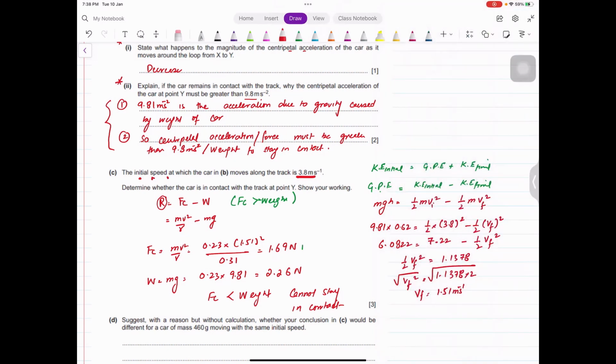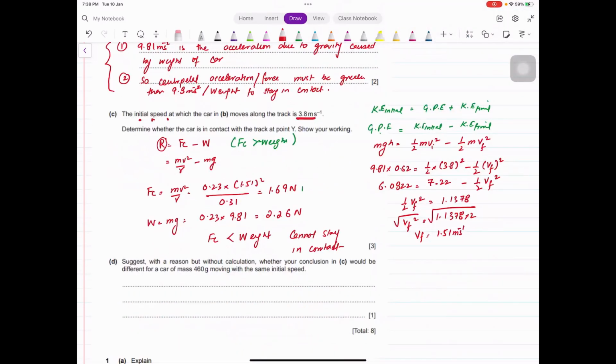Okay. Then it says, suggest with a reason, without calculation, whether your conclusion would be different for a car of mass 430 moving with the same initial speed. Do you guys think it would be the same or different? I don't think so. It will be the same. The reason is that in Fc, it is mv squared over r, and for weight, it is mg. So mass appears in both of them as just one factor. Even if you cancel it out, it doesn't really matter, right?